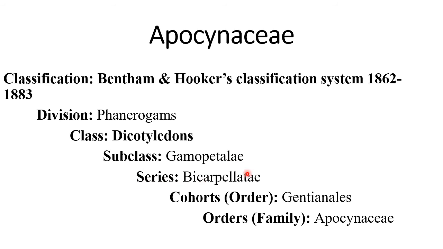Series is bicarpellatae because ovary is bicarpellary. Then cohort is actually the word which is used for order, that is Gentianales, and order or natural order is the synonymous word used by Bentham and Hooker for family, and that is Apocynaceae.